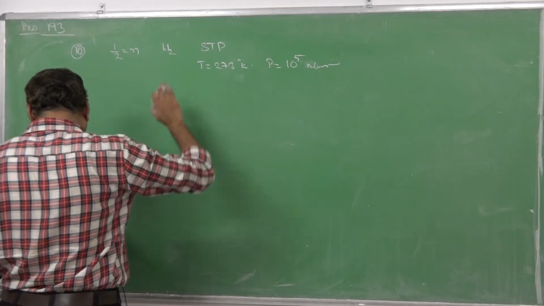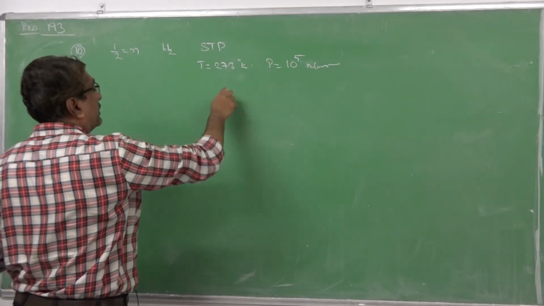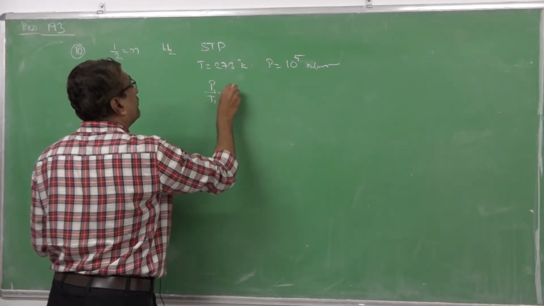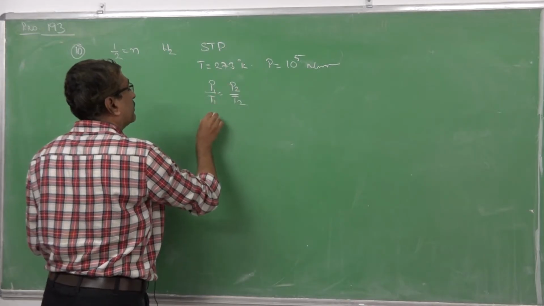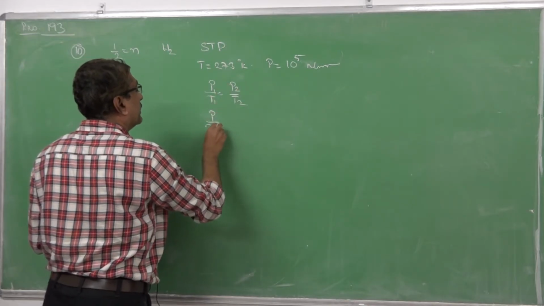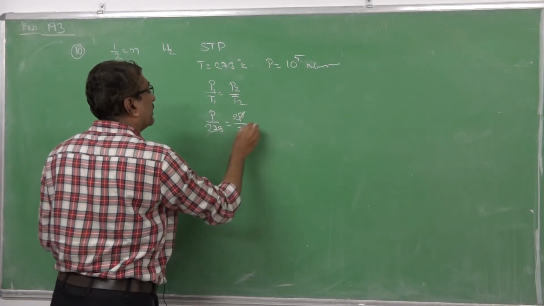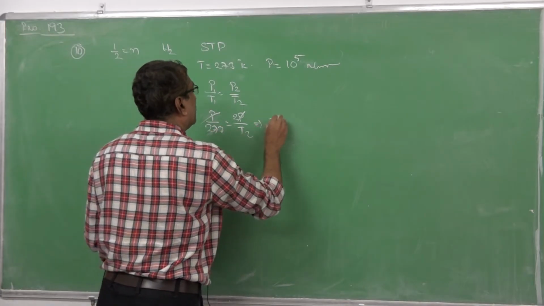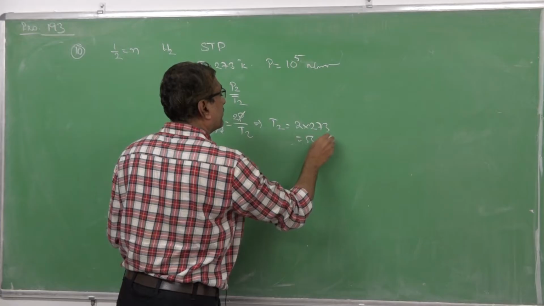Energy needed to double the pressure, keeping the volume constant. Volume constant means P1 by T1 is equal to P2 by T2. So double the pressure: P by 273 is equal to 2P by T2. That implies T2 is equal to 2 into 273, 546.